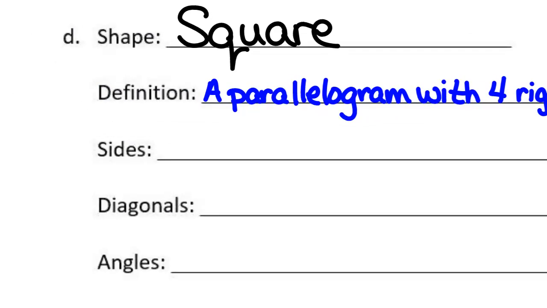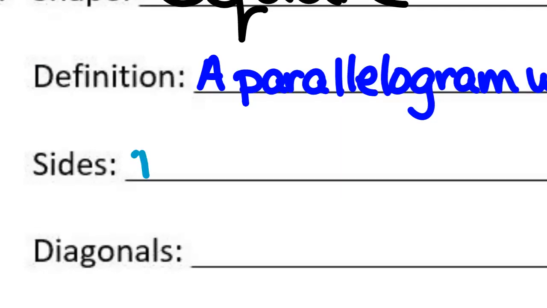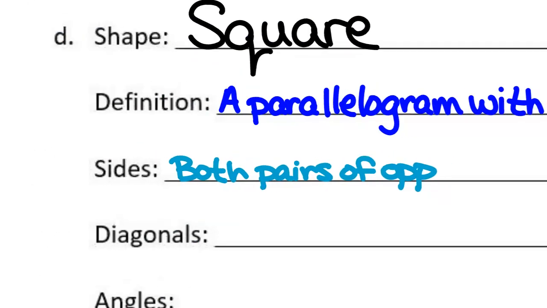Sides for a square, exactly the same property as a rhombus because it has 4 congruent sides just like a rhombus does, and it's a special type of parallelogram. So both pairs of opposite sides are parallel.